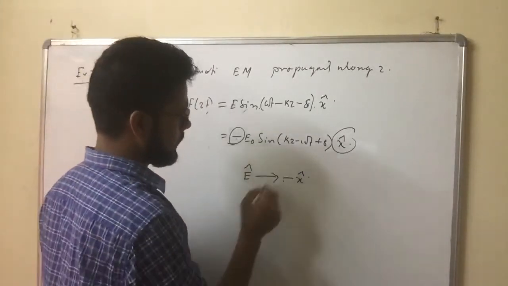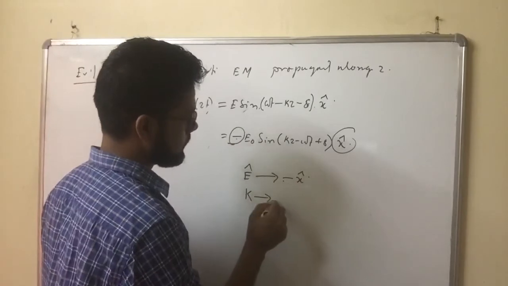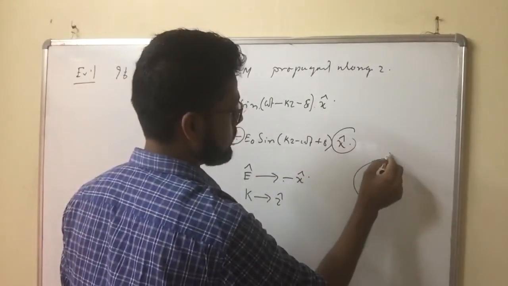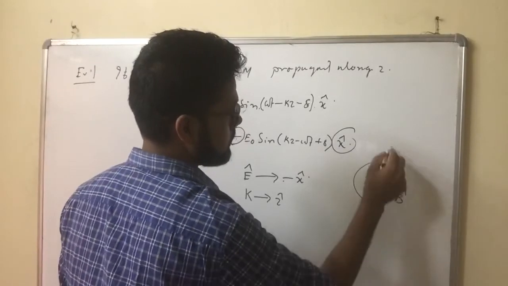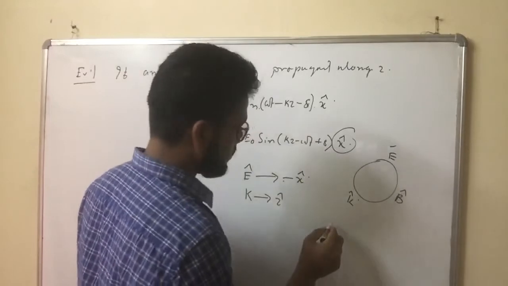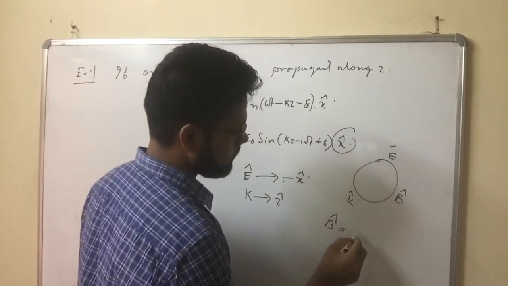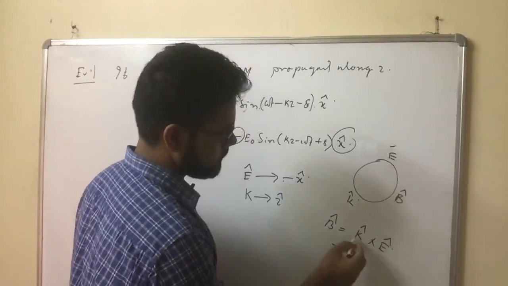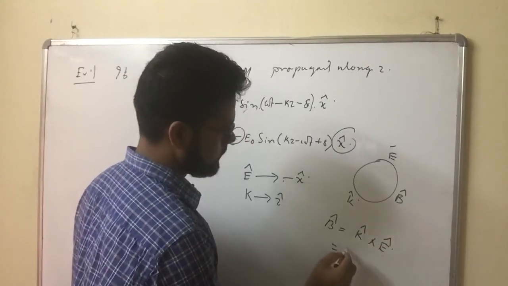Then the k direction is z cap. So what is the direction of the electric field or magnetic field? E, B, K. Then I need the B unit vector equal to k cap cross E cap. K cap is there.